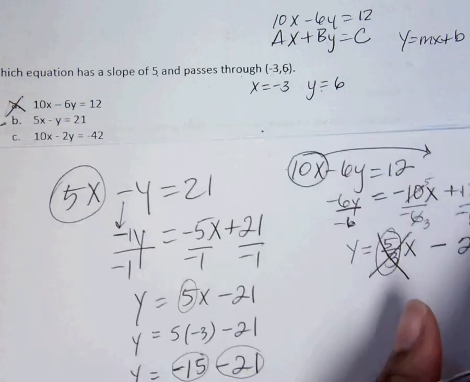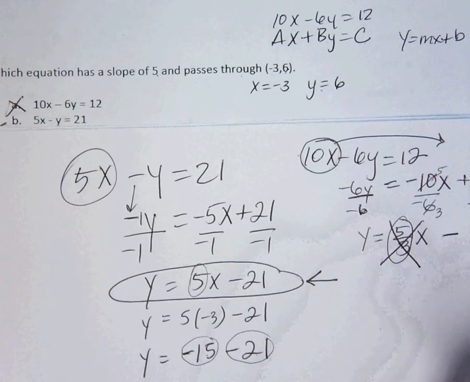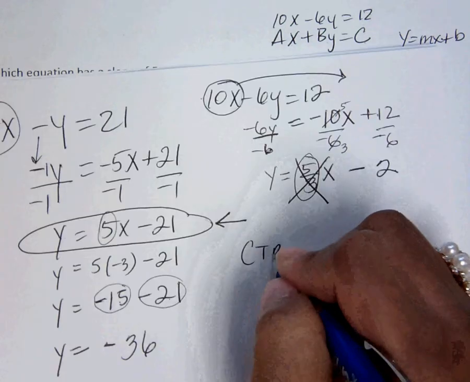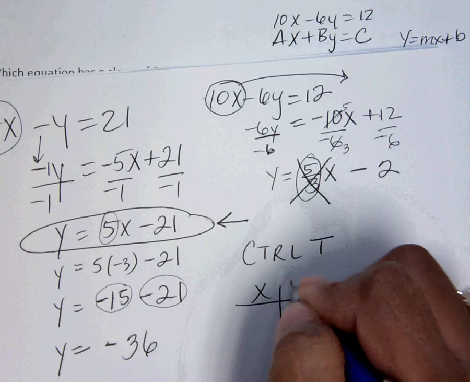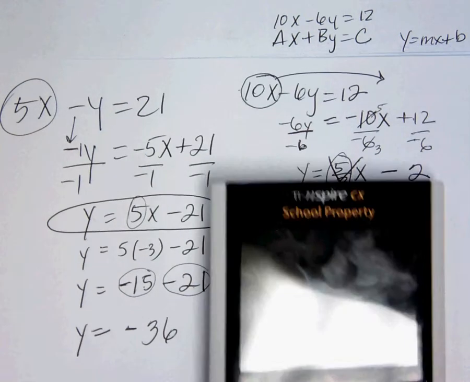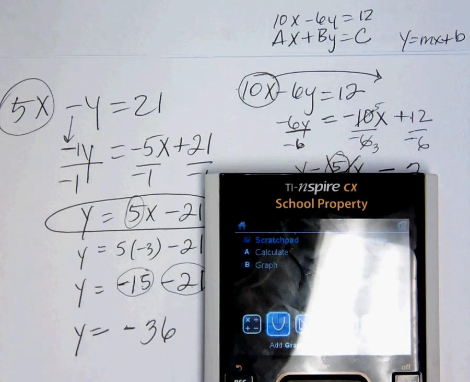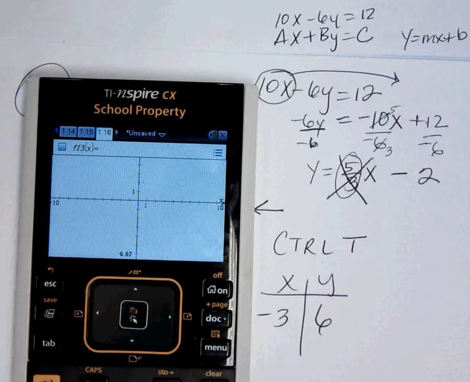You could have also taken this equation here, plugged it in the calculator, and hit Control-T. Look on the table to see if -3 was 6. So I'm going to go to the graphing screen and type in 5x minus 21.